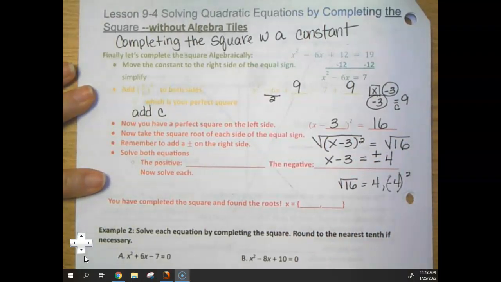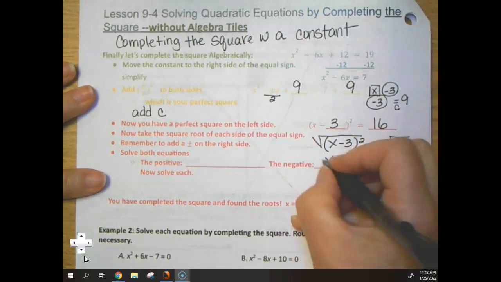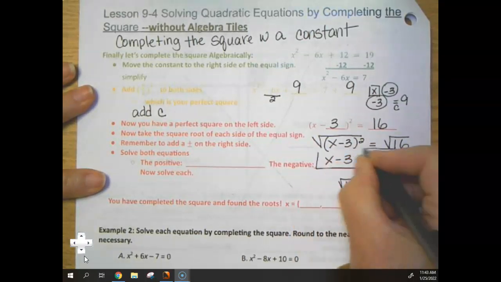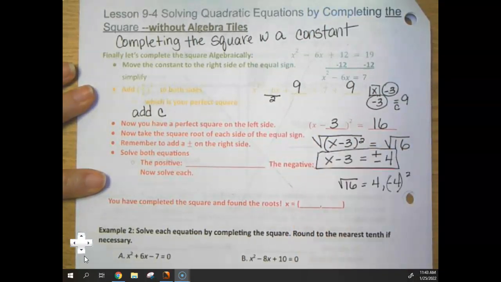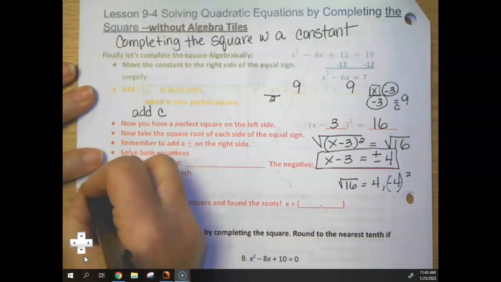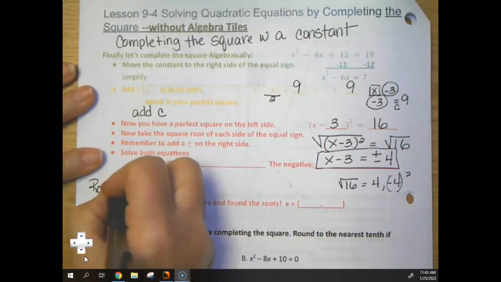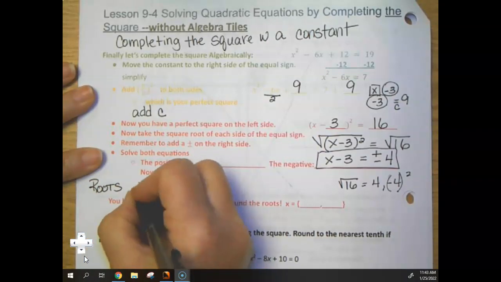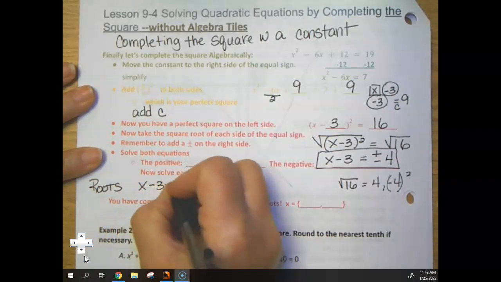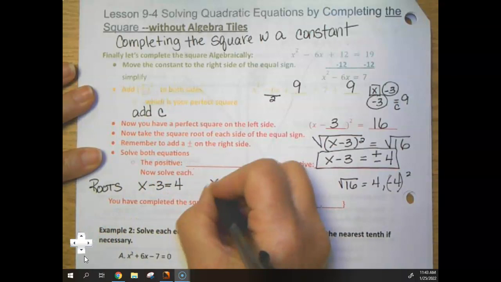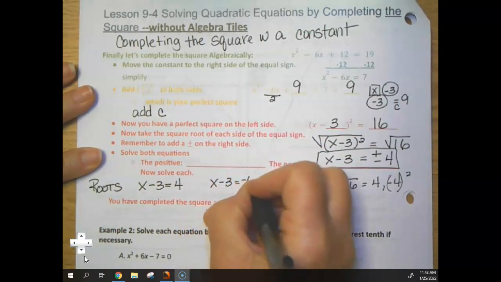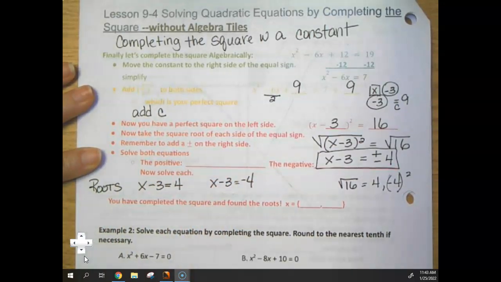Okay? Now, I need to write each one of these equations separately to find your roots. So to find those roots, I need to say x minus 3 equals positive 4, x minus 3 equals negative 4, and solve each one of those.